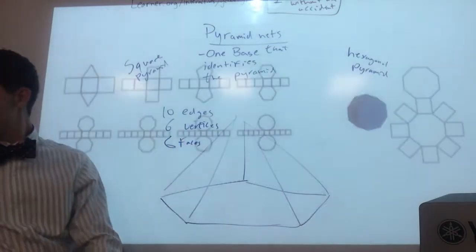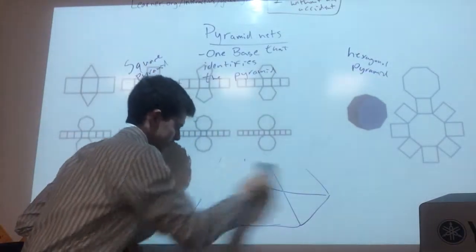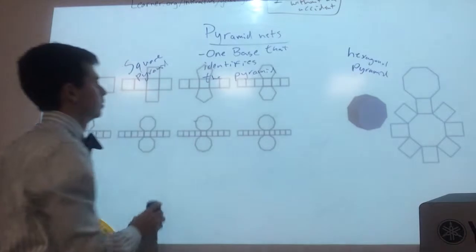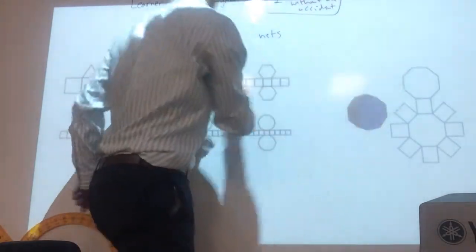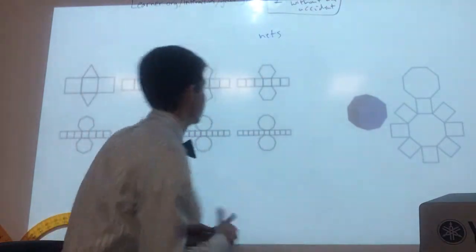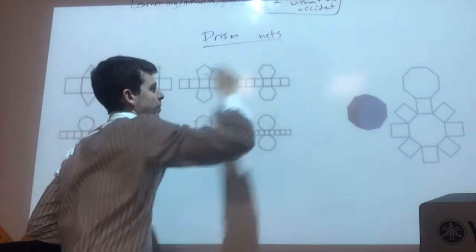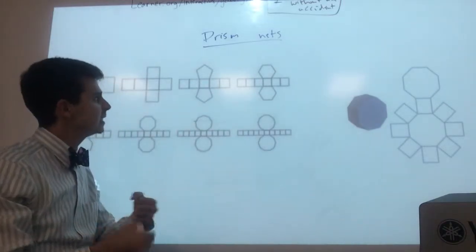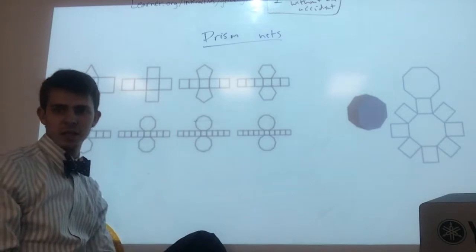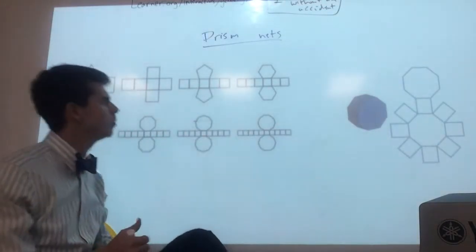Okay, now let's go to prisms. So prism nets here. Now the most common type of prism net, which I think is most easily seen, is something like this, where there are rectangles in between the 2 equal bases.